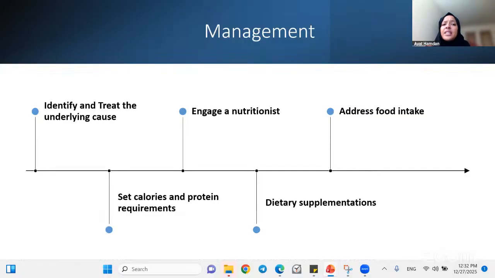So this is basically the management. There are some medications, but it is always questionable if medications are of use just to increase the appetite. In general, they don't recommend you to start him on appetite stimulants or any other stuff. So you really need to focus just on those items as well as treating the underlying cause.